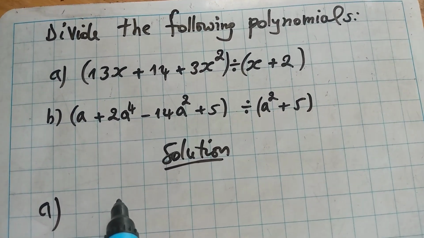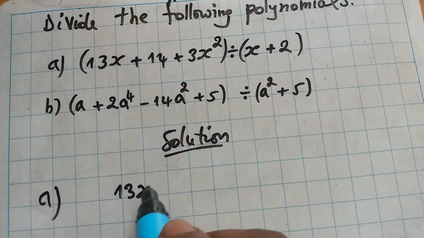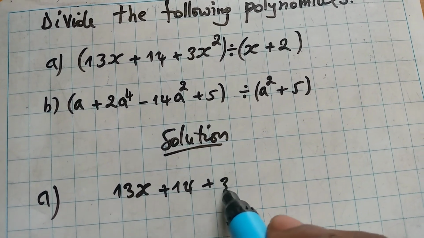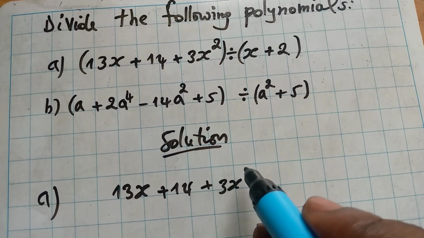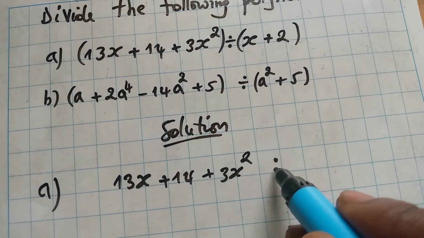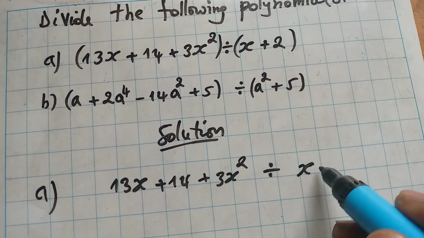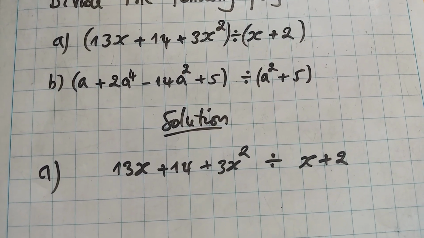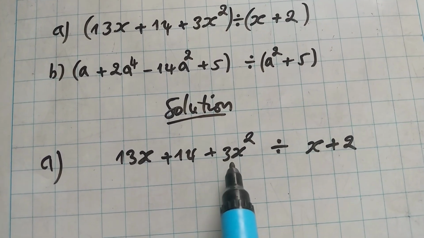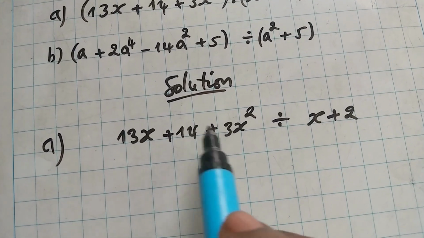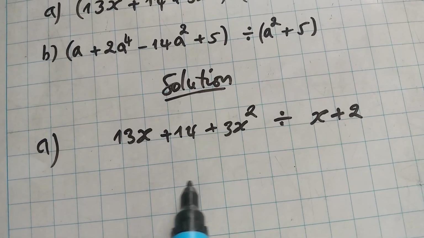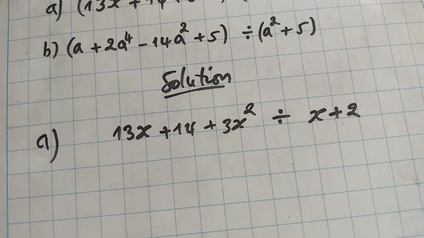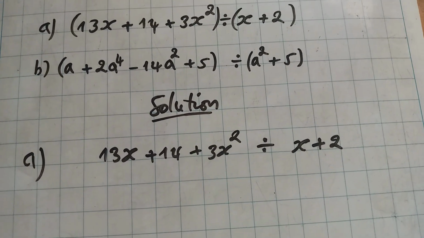So see, we have 13x plus 14 plus 3x squared divided by x plus 2. To make it possible to divide this one, we have to arrange the terms from the term with the highest power, with the highest degree, right?